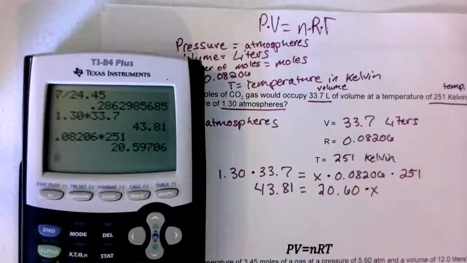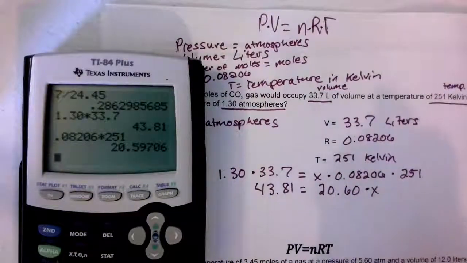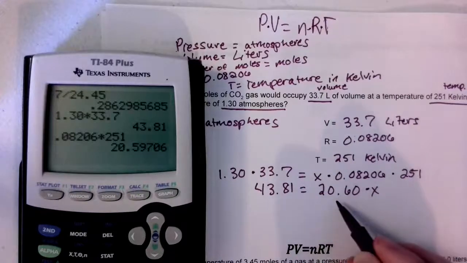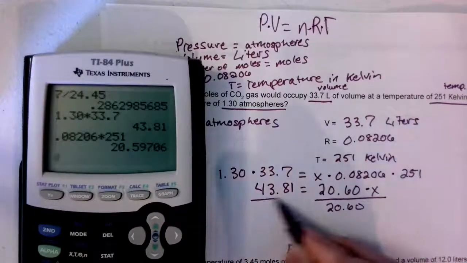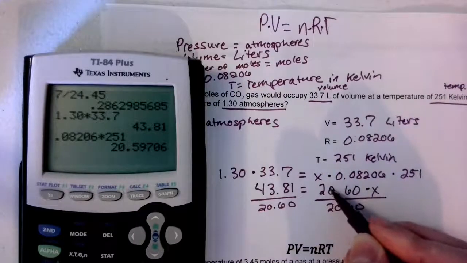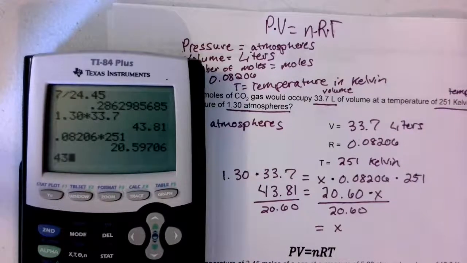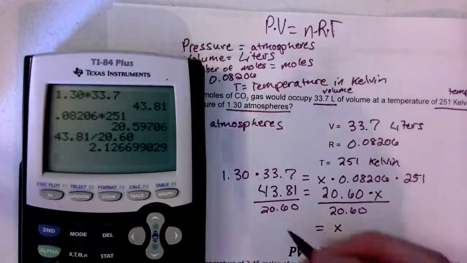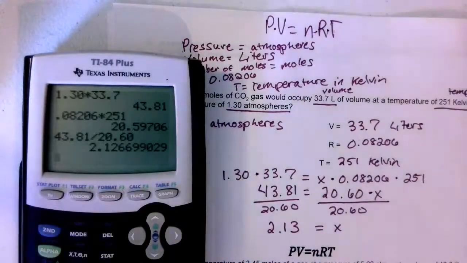But I've still got this times X because the X is still there. To solve for X, I'm going to divide by whatever is with the X on this side to get the X by itself. So I divide by 20.60 on both sides. Over here, this is just 1, so we're just left with X. Then 43.81 divided by 20.60 gives me 2.13.